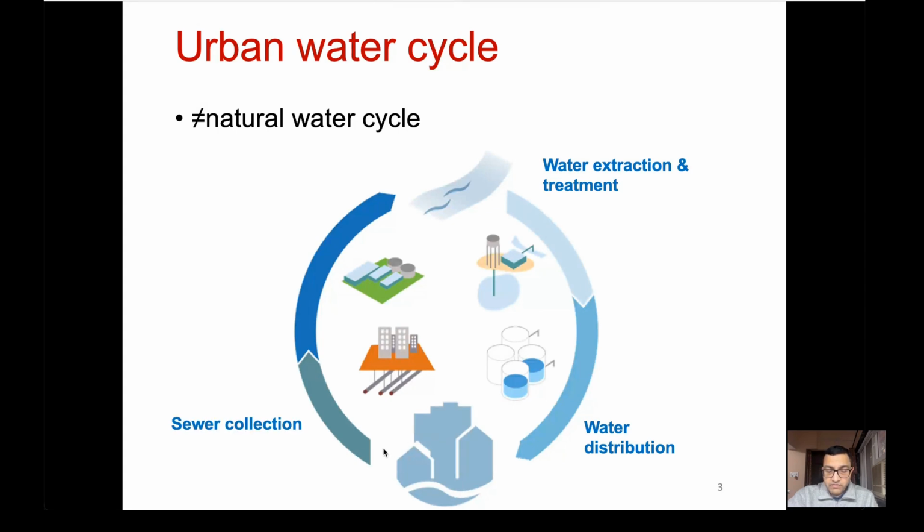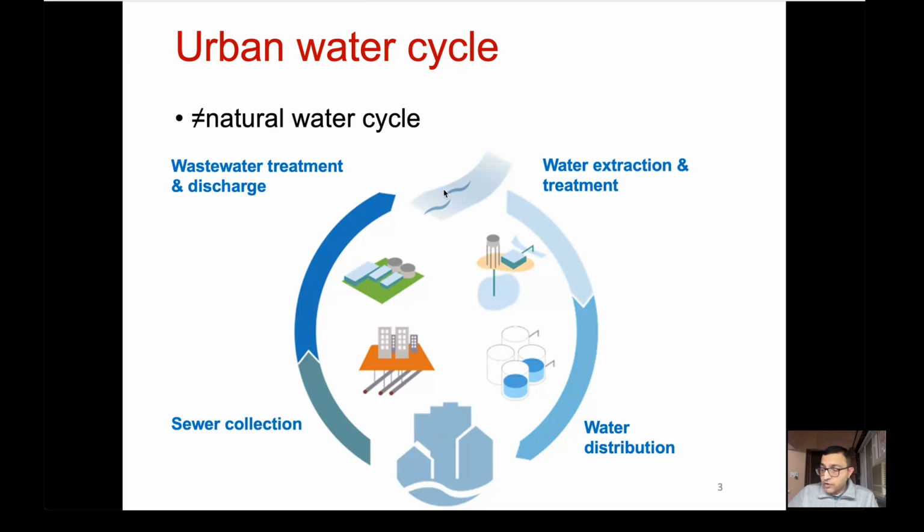And then the used water or the wastewater is collected through a sewer collection system. And then that undergoes further treatment, wastewater treatment, before being discharged back into the environment.